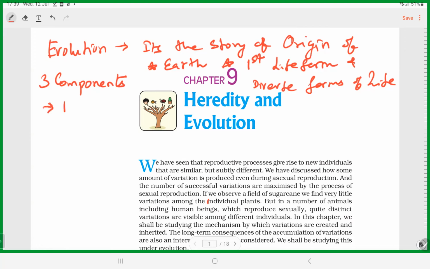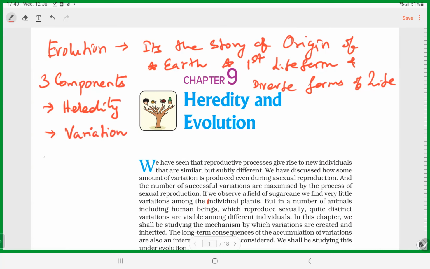First is heredity. Second component of evolution, variation.